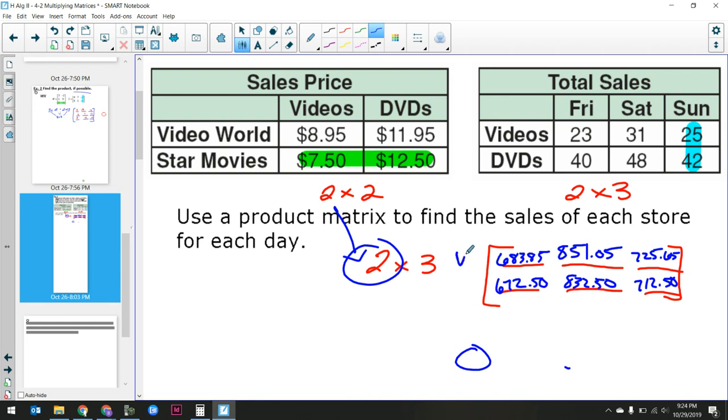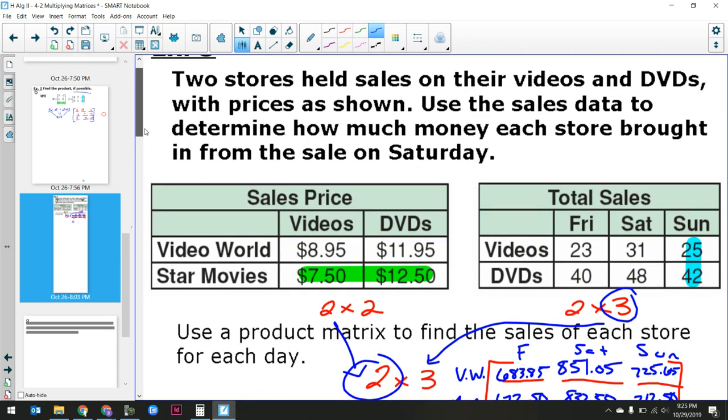This is at Video World, and this is at Star Movies. That's supposed to be a star, by the way. I used the columns out of this guy to make my matrix, right? So I'm going to use the column labels here: Friday, Saturday, Sunday.